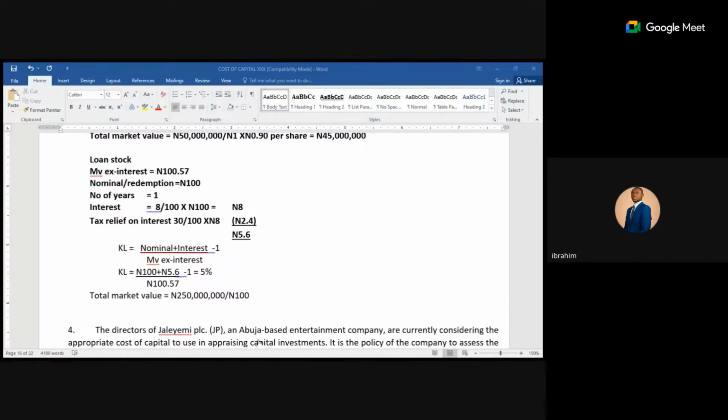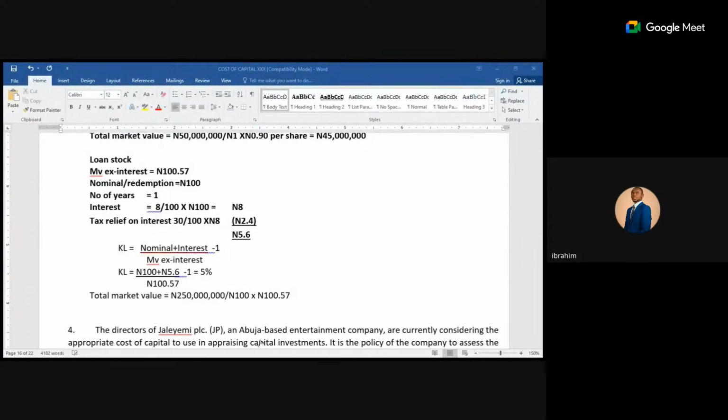Because in finance generally, most times, you can base something on assumption, and if you can justify your assumption, that's fine. Even in SFM, assumption is allowed. In a situation whereby the nominal value of a debt is not given, you can assume it to be 100.